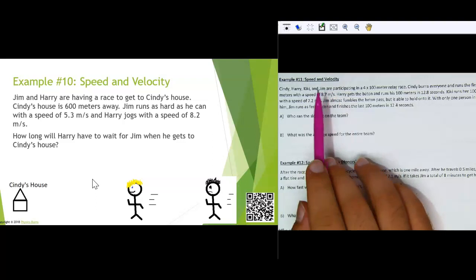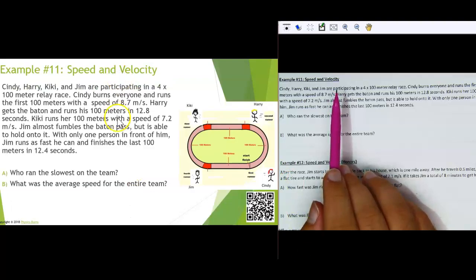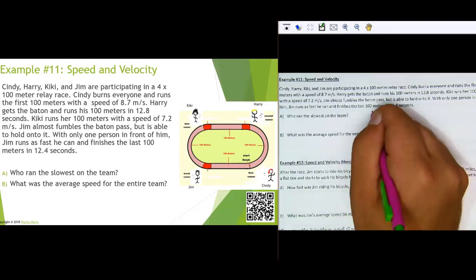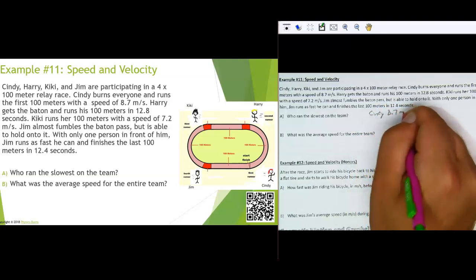So there's a lot of people running a race. Cindy, Harry, Kiki, and Jim are participating in a 4x100 relay race. Cindy burns everyone and runs the first 100 meters at a speed of 8.7. So Cindy ran 8.7 meters per second.